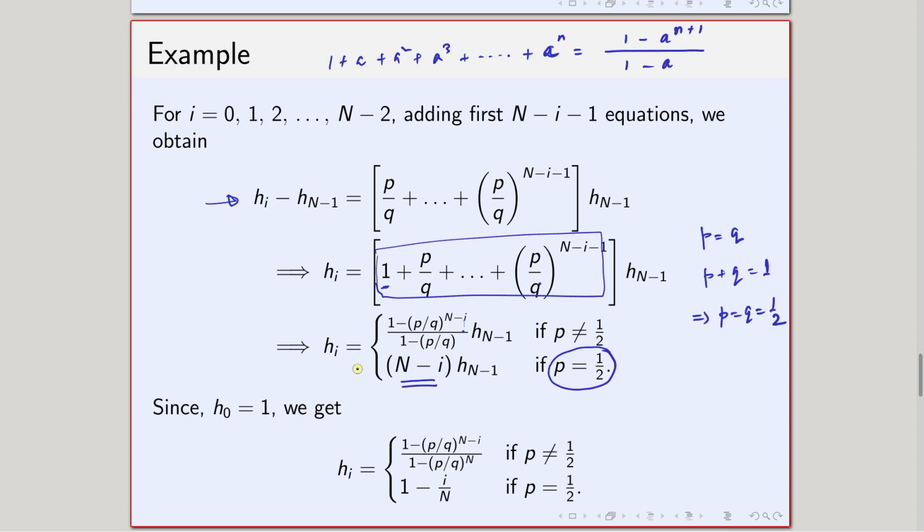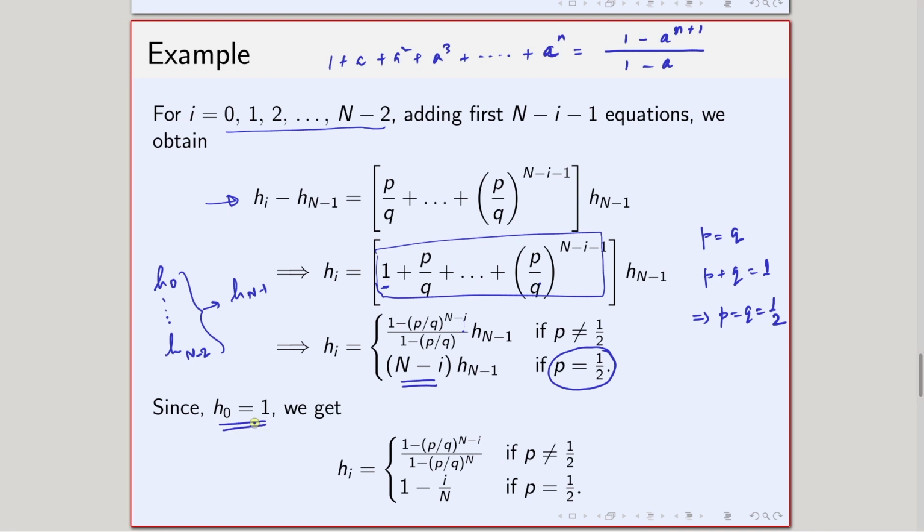So this hi I got this way, and this is true for any i from 0 to n minus 2, so h0 to h n minus 2, all of them we have written in terms of h n minus 1. Now recall that we have one condition that h0 is 1.